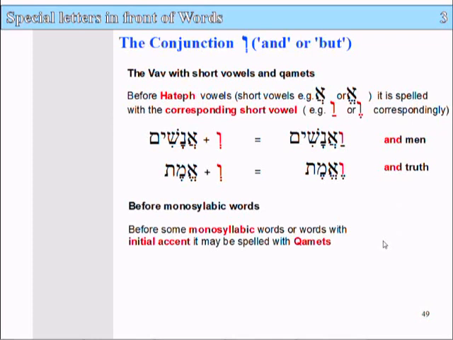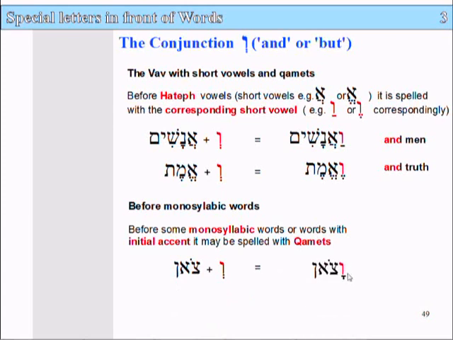Now, before some monosyllabic words or words with initial accent, it may be spelled with a kametz. So the word tzon, we add a vav to it.